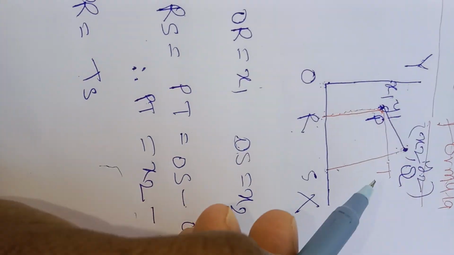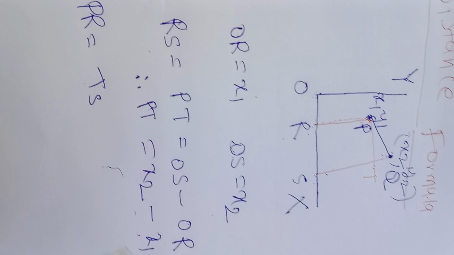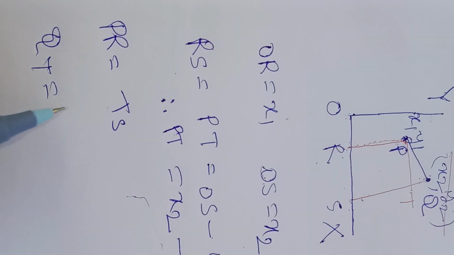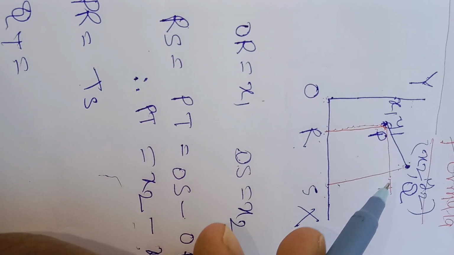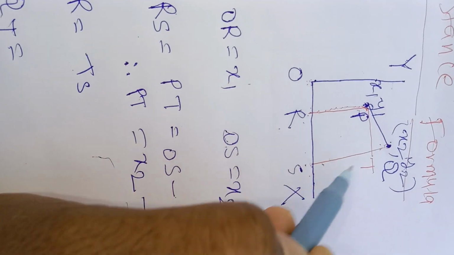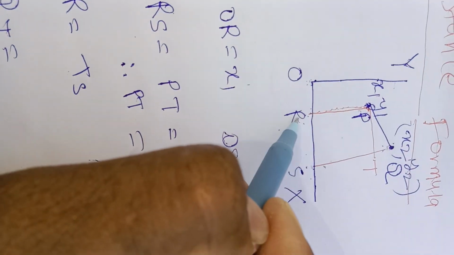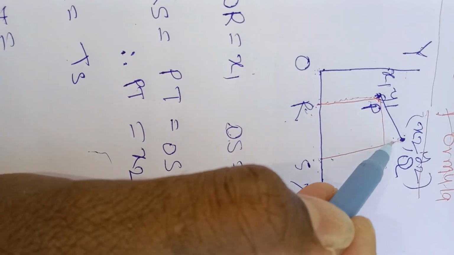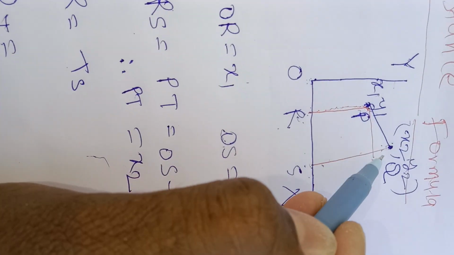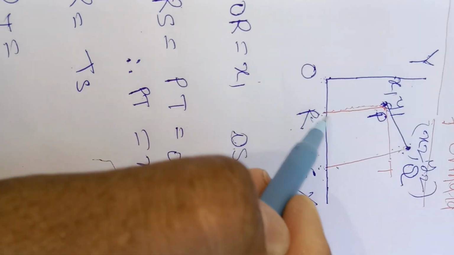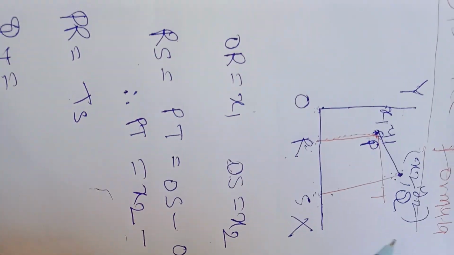Okay, we have to find QT. To find the distance QT, subtract PR from QS, then we will get this distance. QS minus PR will give us QT.